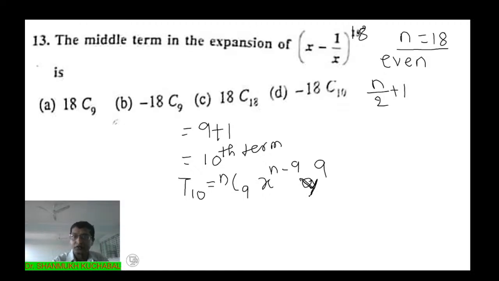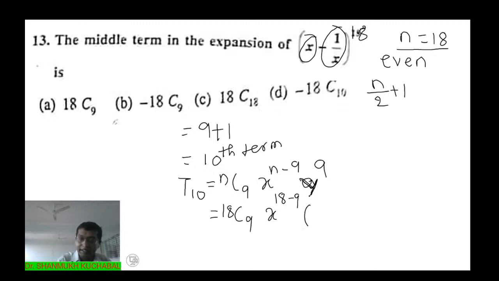X is the first term, and y is minus 1 upon x, which we will substitute in the next term. So n equals 18, it is 18C9, x raised to 18 minus 9, and y is minus 1 upon x raised to 9. So further we'll simplify this.